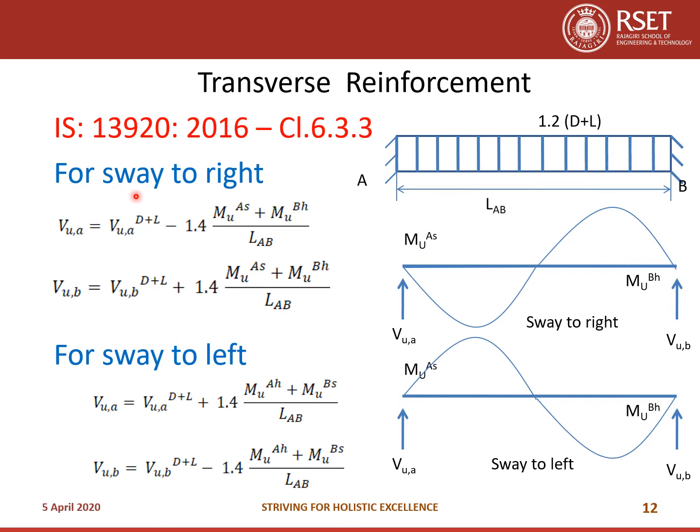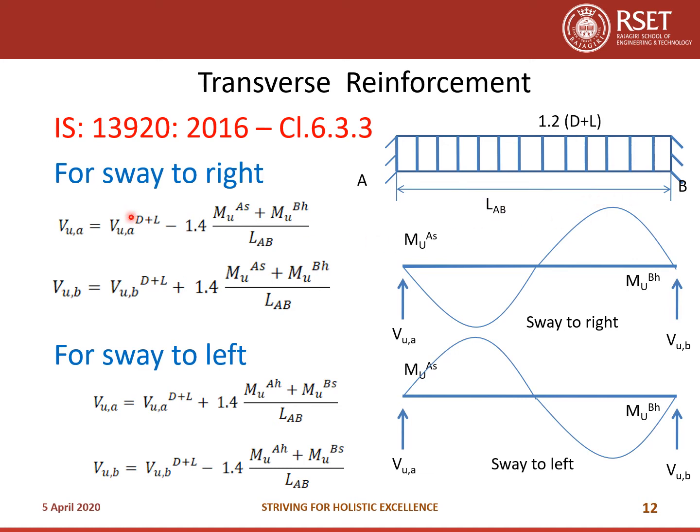For beams with a right sway, VuA is equal to VuA(D+L) minus 1.4 (MuAs + MuBh) divided by LAB. Similarly, VuB is equal to VuB(D+L) plus 1.4 (MuAs + MuBh) divided by LAB, where LAB is the clear span of the beam.